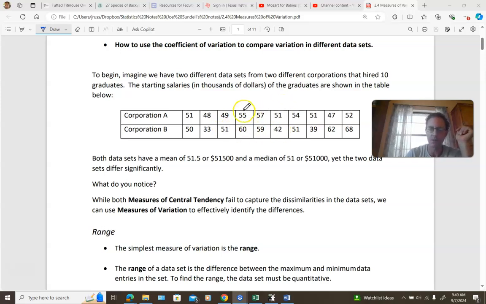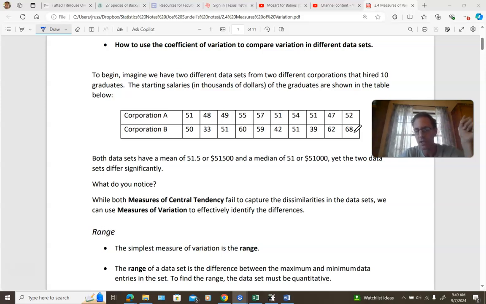Furthermore, in Corporation A, the lowest starting salary appears to be $47,000, and the highest starting salary, if I'm not mistaken, appears to be $57,000. So that's a difference of $10,000. Now let's look at Corporation B. The lowest starting salary appears to be $33,000 right here, and the highest starting salary seems to be $68,000. That's a much bigger difference.